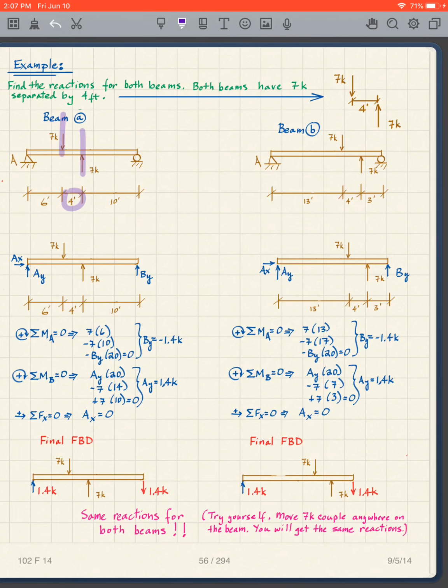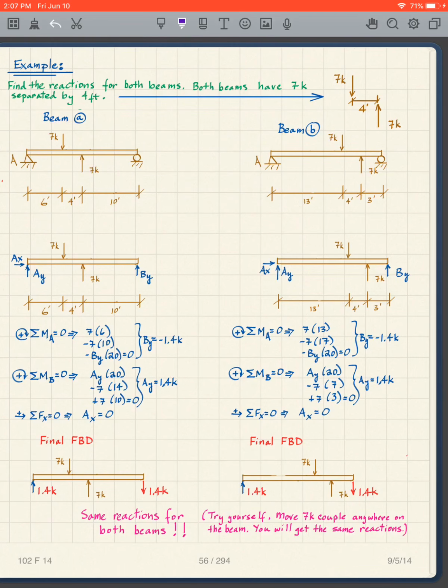So what we have is this situation, and we've applied it to both beam A and beam B. And you'll notice that for beam A, these two loads are to the left, and for beam B, these two loads are to the right.